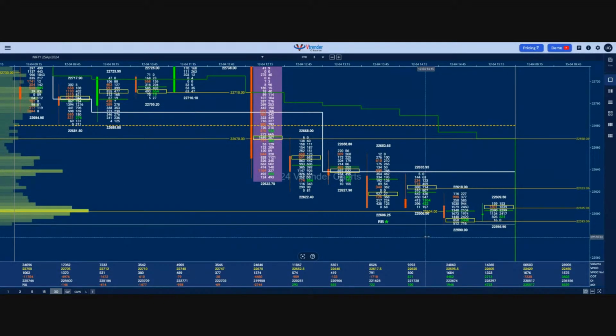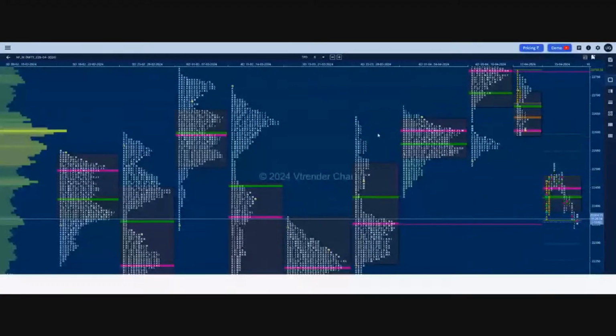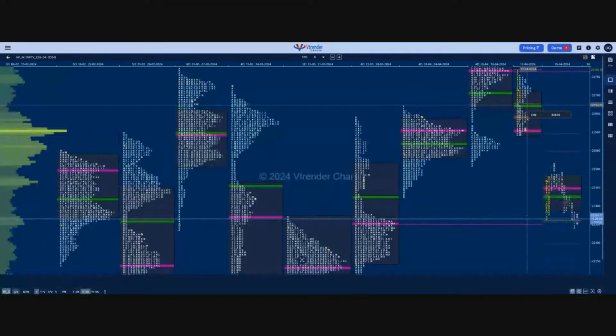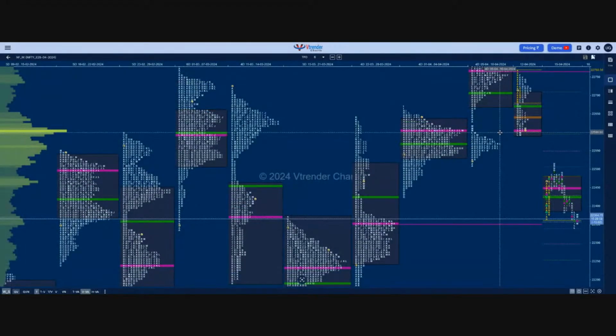So we were closing in an imbalance. We had negated this buying zone of 22600 to 22662. So this POC and this VWAP was our reference for the open today, but we opened well below.